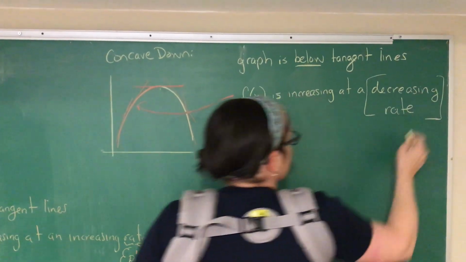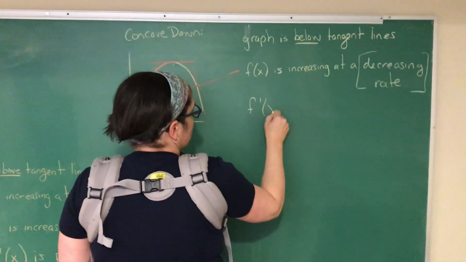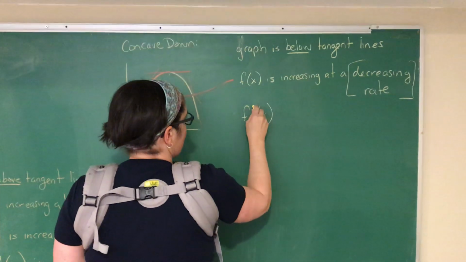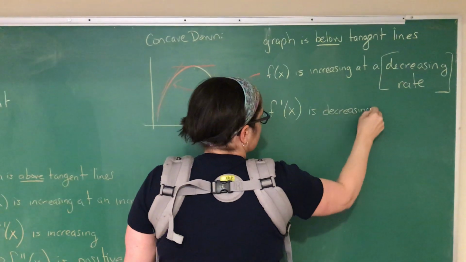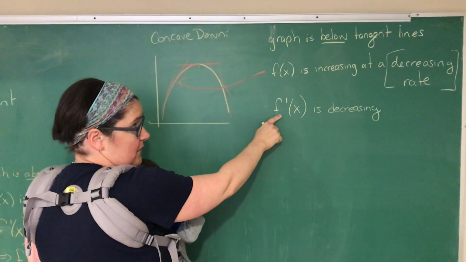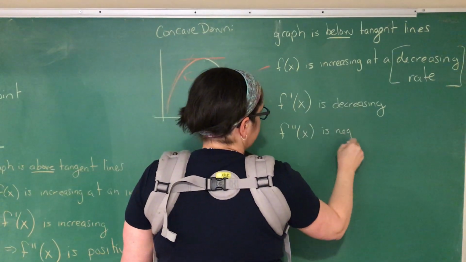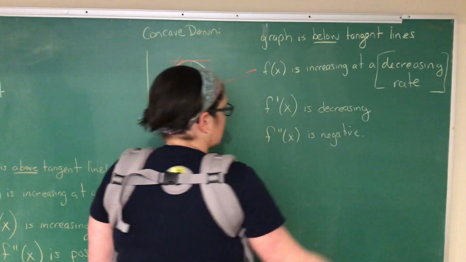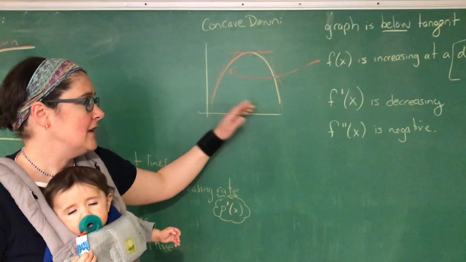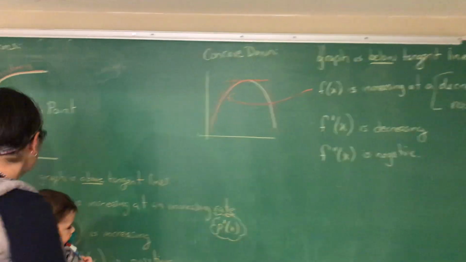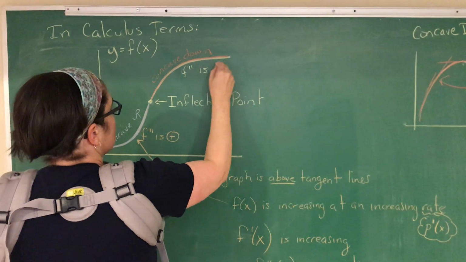So the fact that we have a decreasing rate, that tells us rate is our derivative, so f prime is decreasing, which means its derivative, f double prime, is negative. So anytime that you have a graph that is concave down, the second derivative is negative. So up here, concave down, f double prime is negative.